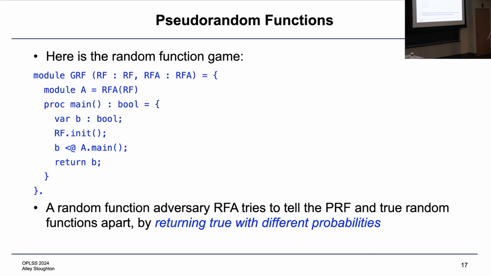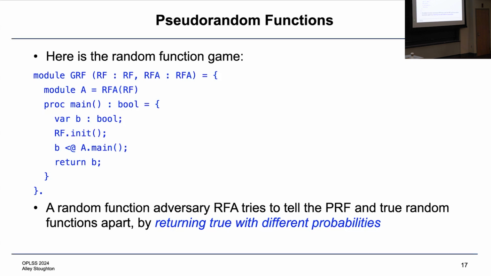And so here, we should be thinking that the random function adversary, if we anthropomorphize, is trying to guess whether it's in the real world, the PRF, or the ideal world, the true random function. So that's what's in its head, and it's trying to figure it out, and it's trying to return true with different probabilities. So if it was in a perfect world, it could say, haha, this is the PRF, I'll return true. Aha, this is the true random function, I'll return false.